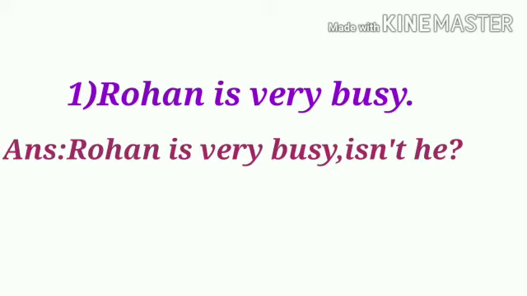So, auxiliary verb is, N apostrophe T. So, it will be isn't. Here, the subject is Rohan. But as per the rule or as per the pattern, we have to use pronoun as a subject. So, for Rohan, I will be using he. Now, the answer will be Rohan is very busy, comma, isn't he?